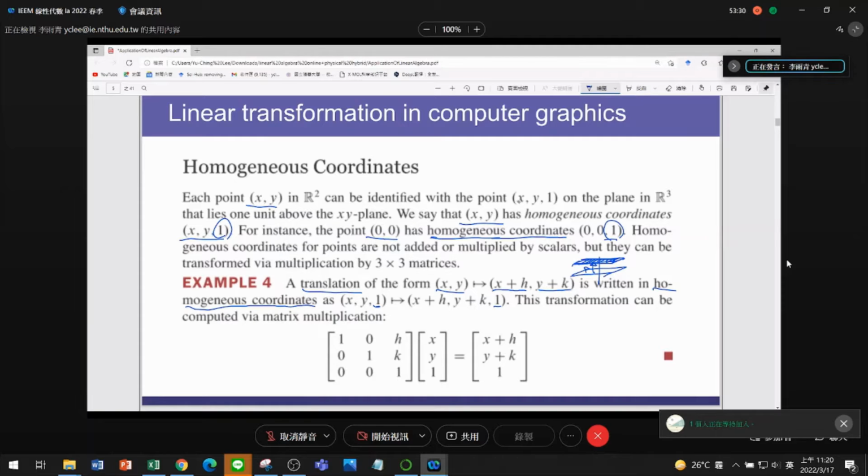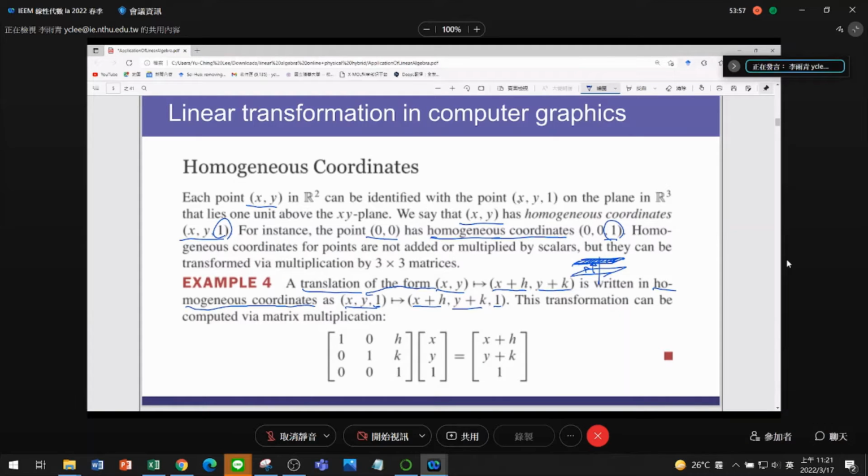So xy becomes xy1 and x plus h and y plus k becomes x plus h, y plus k and 1. It becomes a three-dimensional vector, so that we can move it, shifting it through the third dimension, which is the homogeneous coordinate.